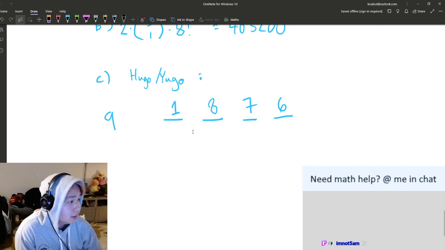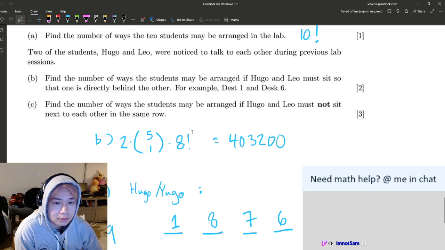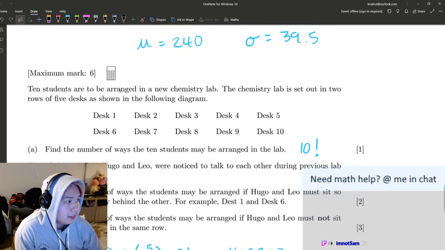This one's going to be a little confusing. Okay, and then, of course, this is assuming that they sit in the first 2 desks.